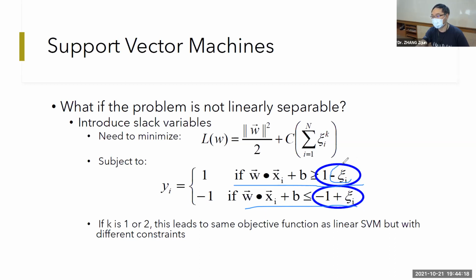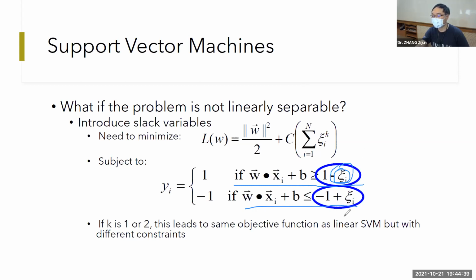We allow some tolerance. If it is a little bit lower, fitting these slack variable requirements, then we tolerate it. We're okay with it, okay?